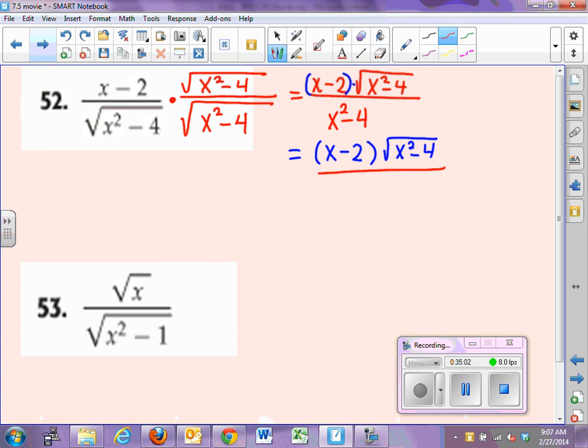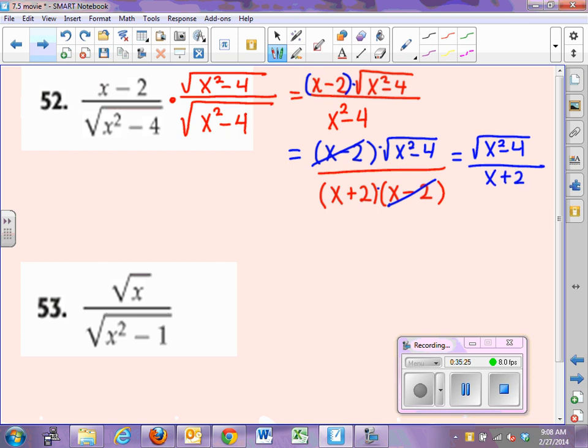But the bottom factors into x plus 2 and x minus 2. So these two factors cancel, and I can cancel because I am multiplying those terms. So I am left with the square root of x squared minus 4, which does not simplify, over x plus 2. I have no radical in the bottom.